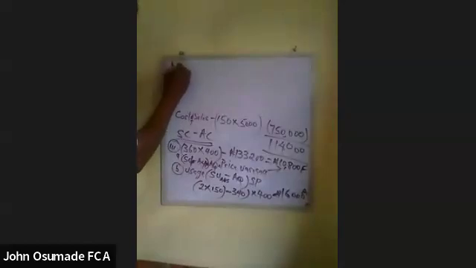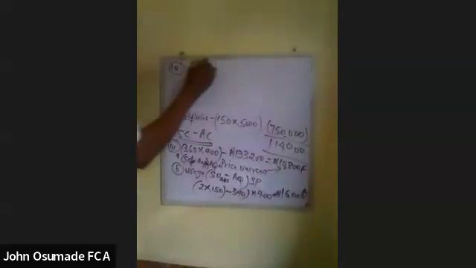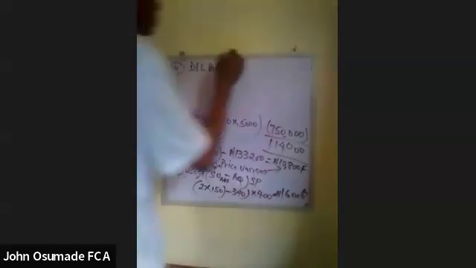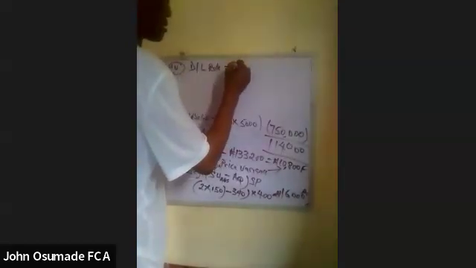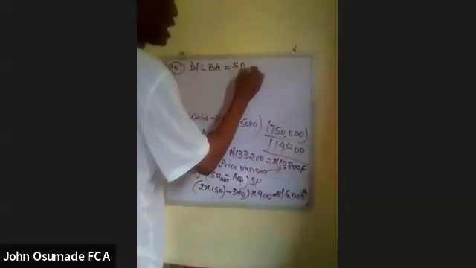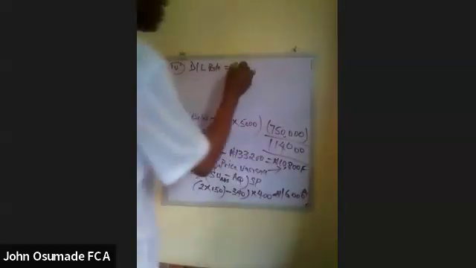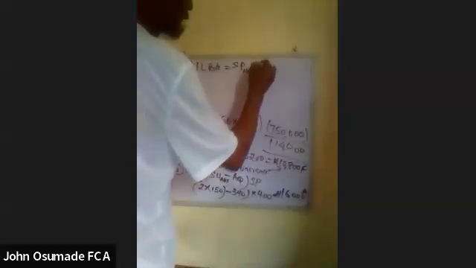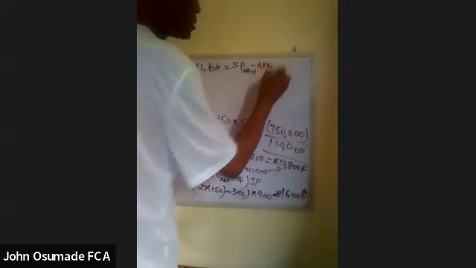Direct labor. That's number 4. Direct labor rate. That would be standard price or wage based on what? Actual hour worked. Minus actual hour worked.